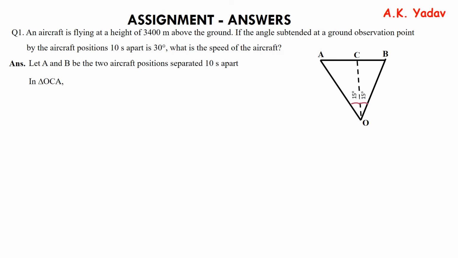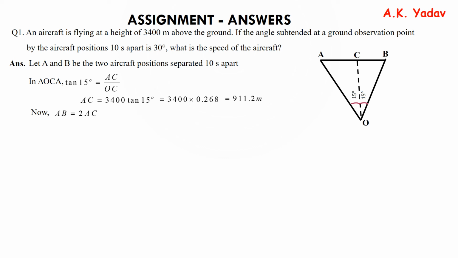Now in triangle OCA, tan 15 is equal to AC by OC. So AC can be written as OC tan 15, which is 3400 tan 15 degree, which is 3400 into 0.268, that gives AC is equal to 911.2 meter.